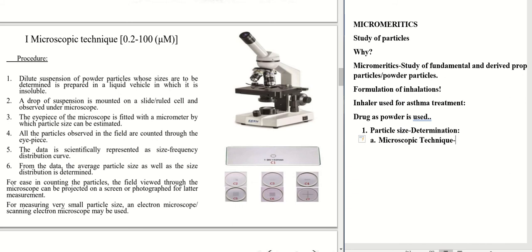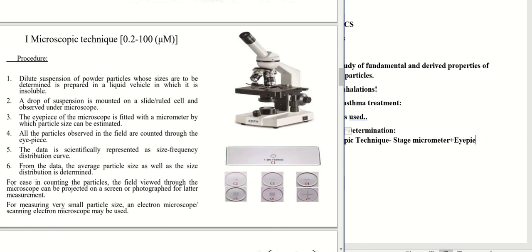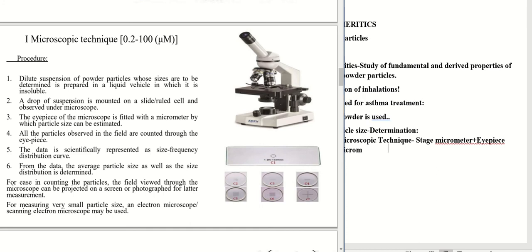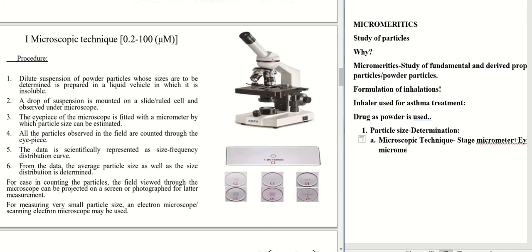Now for this optical microscopic technique, apart from the microscope, we need to have a stage micrometer and an eyepiece micrometer. In this figure, we are able to see the microscope.